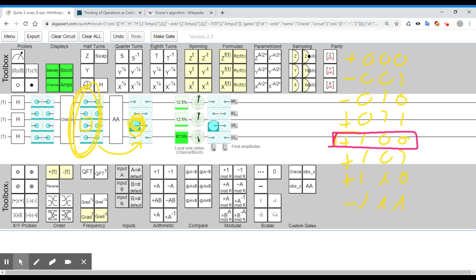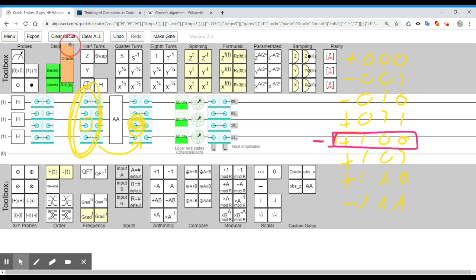What I would imagine is that a minus, minus, minus is what you should flip. But a minus, minus, minus has a minus in here. So in that case, if you didn't apply an oracle, that's just what it does.